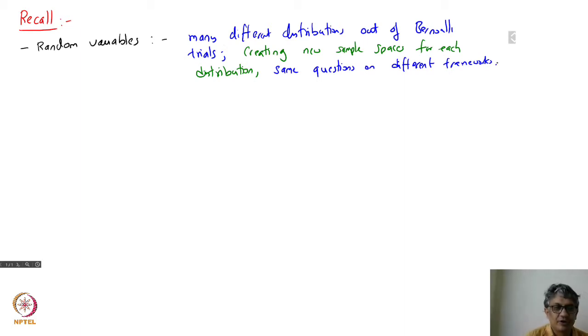Then we said, no, we don't want to do this. We want to work on one sample space, and then define functions on them.